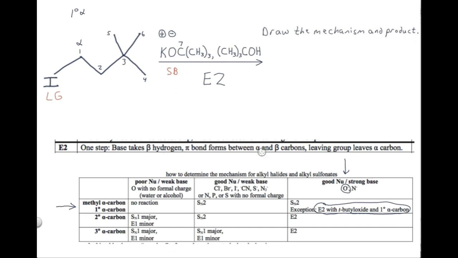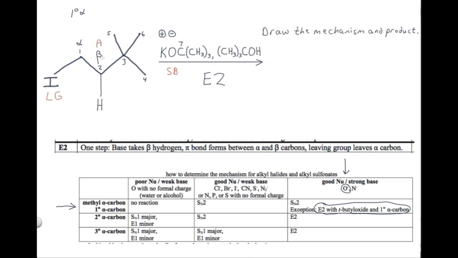We want to label our alpha and beta carbons. We already labeled the alpha carbon, and it should be clear that carbon 2 is going to be our beta carbon because it's attached to the alpha carbon. We better draw in that beta hydrogen. I've drawn in the beta hydrogen on the beta carbon, and that indicates to us that carbon 2 is going to be the acid.